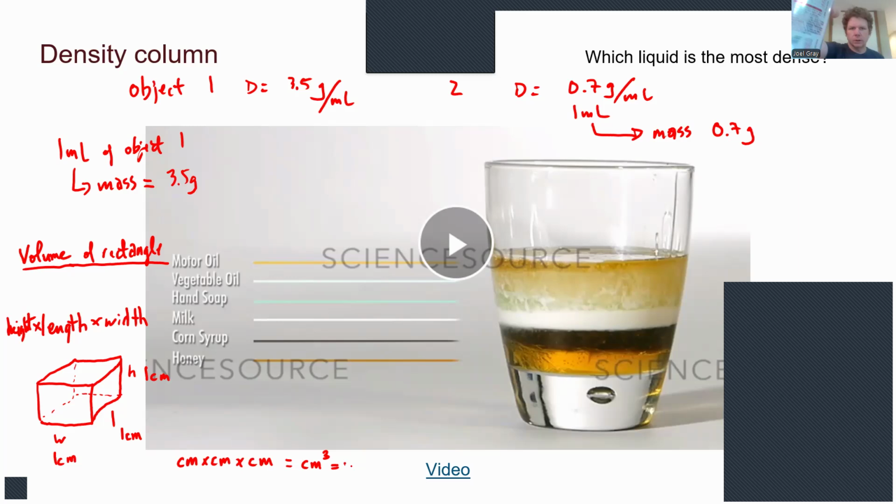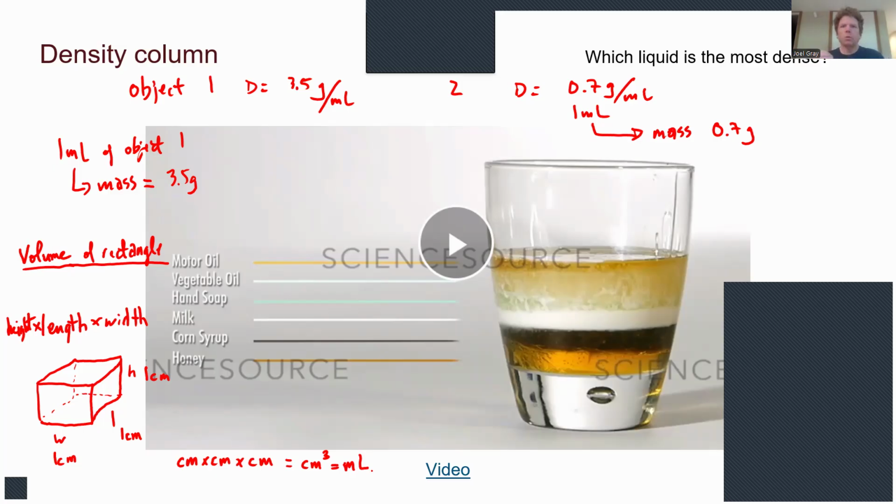I'll give you a hint. It starts with an M. A milliliter. Perfect. Okay.